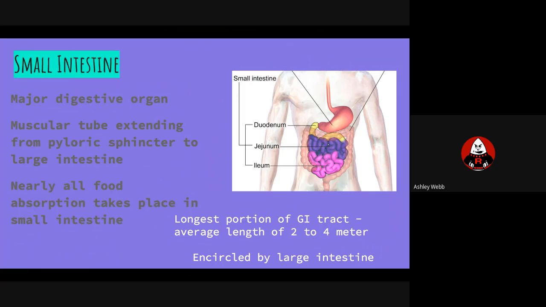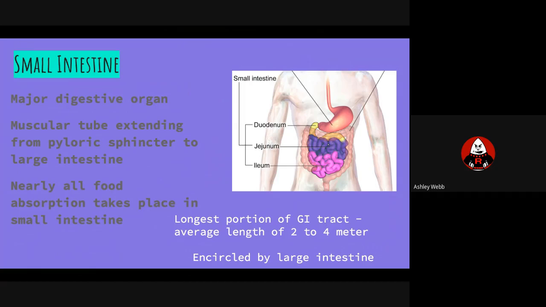It is the very longest portion of the GI tract, typically ranging from 2 to 4 meters in length. We think the large intestine is the largest because it's in its name, but as far as length, the small intestine is longer than the large intestine.